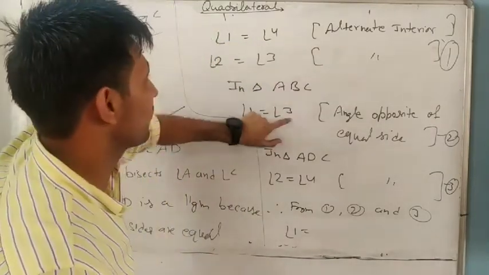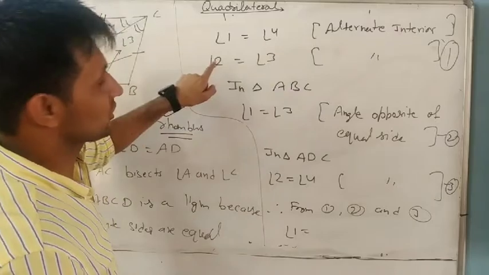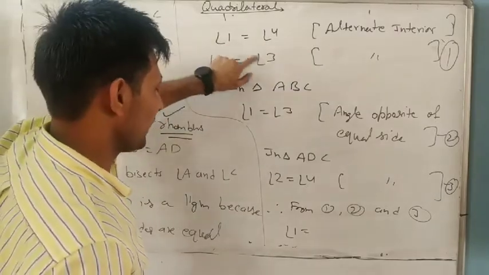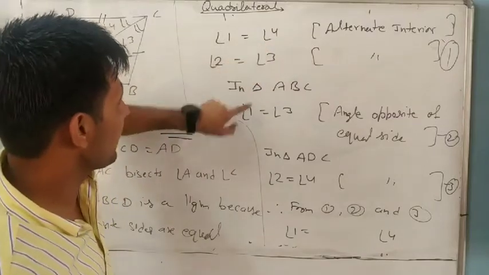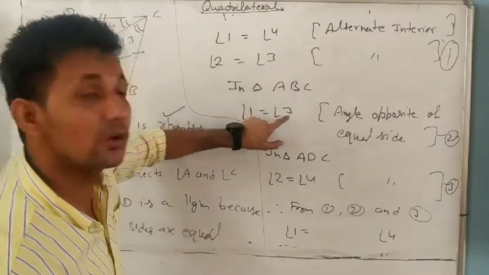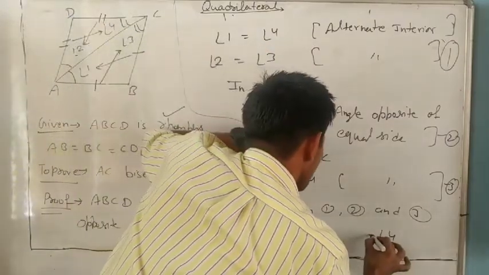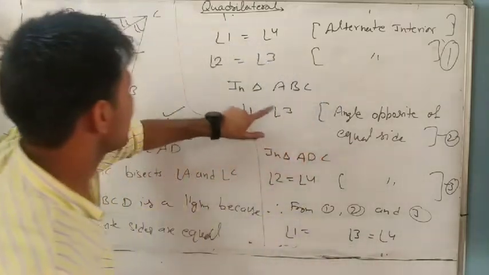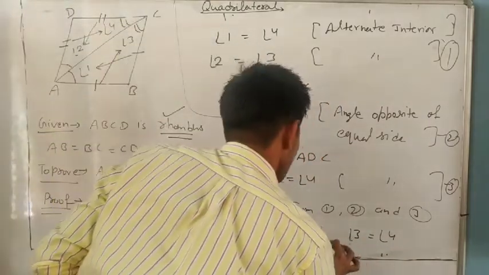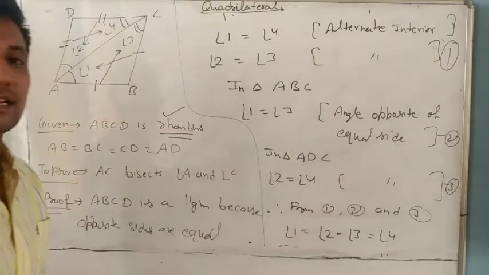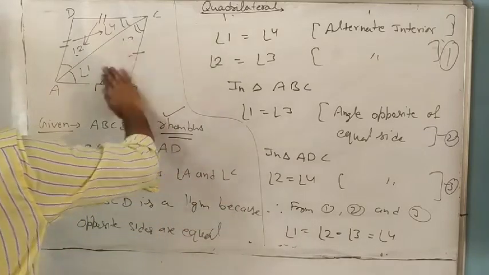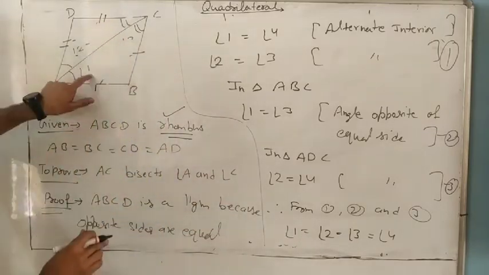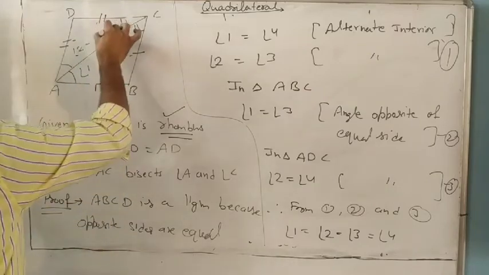It means angles 3 and 4 are also equal, and angle 3 equals angle 2. So it means all angles are equal. And if all angles are equal, angle 1 equals angle 2. So what we wanted to prove: angle 1 equals angle 2, and angle 3 equals angle 4.